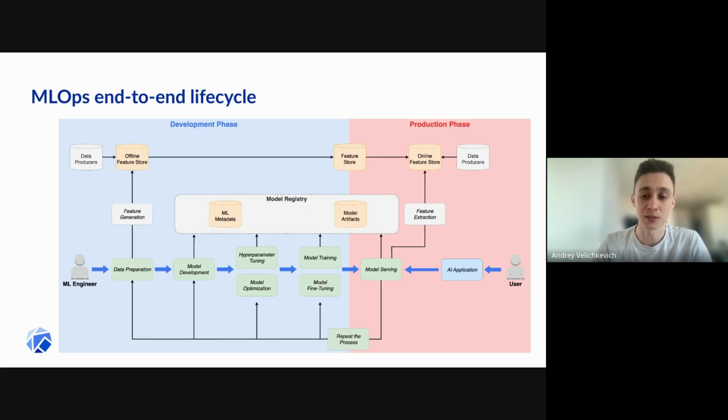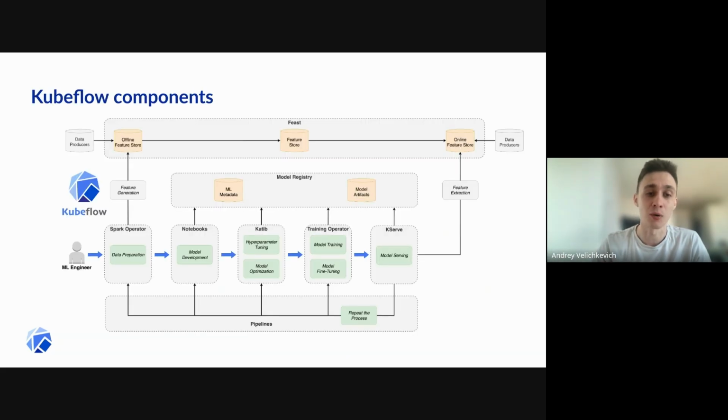And if you go next, actually in this diagram, we also show how Kubeflow components fit in this lifecycle. So you can see for every stage of ML lifecycle, we have a specific component, and which is very important, Kubeflow provides enough flexibility for you to use these components standalone or use these components inside the Kubeflow platform, which basically allows you to have some flexibility, depending on your use case and how you want to integrate these components in your infrastructure.